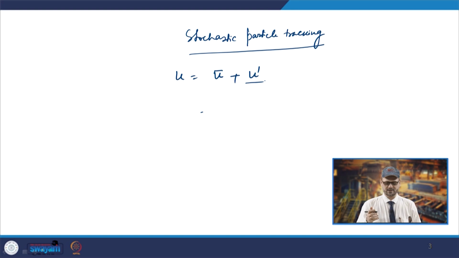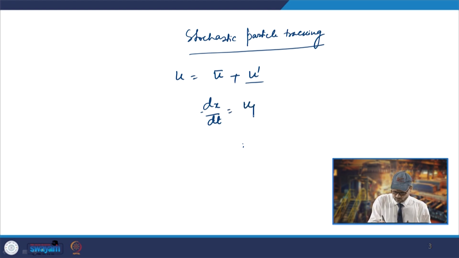We can have that by having the solution of the equation dx by dt equal to up. Once you integrate it, you will get the value of x, and then you understand where that x is. That is how you track the path of the inclusions.